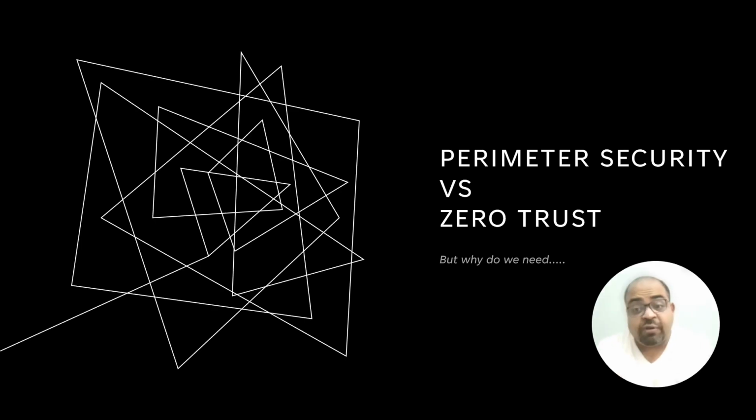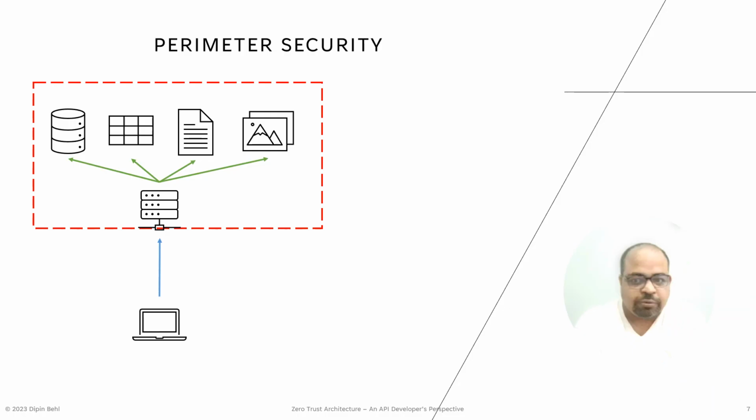Now, the very first thing I want to talk about is why do we need it? We already had perimeter security, and that was working fine for us. So why do we need this now? Imagine we traditionally had our applications deployed into a specific zone, into a network.